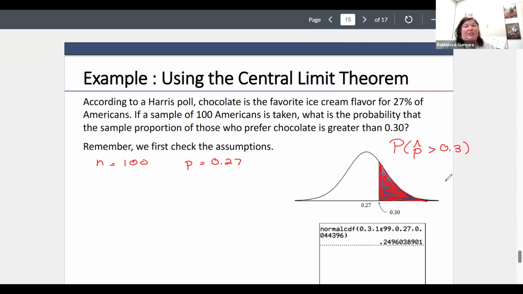Before I can even find that probability, I need to have the mean and standard deviation of the distribution of p hat. So I need to find mu sub p hat, not x bar, which is the same as my population proportion.